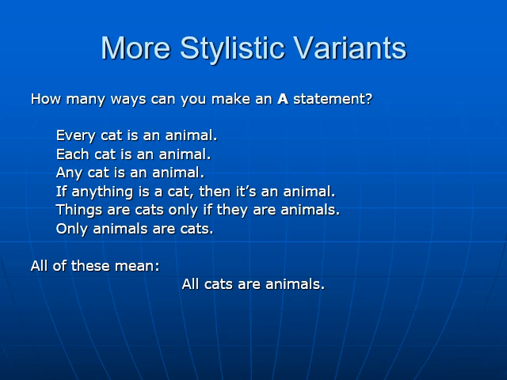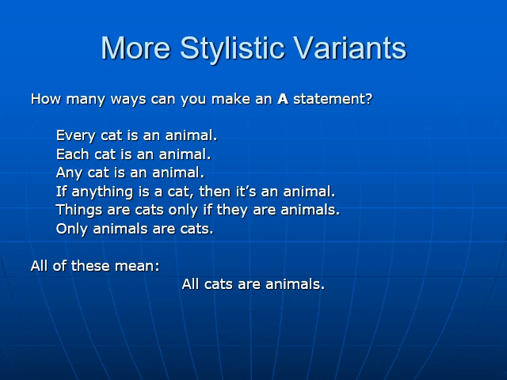If you go down the list and think about it, you'll realize that, say, every cat is an animal is true in exactly the same cases in which you'd say, if anything is a cat, then it's an animal. And you can compare any others of these. They'll turn out to be true under exactly the same conditions, and also false under exactly the same conditions.